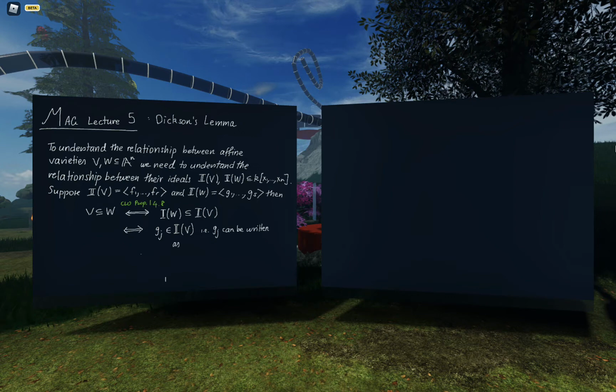To say that Gj is in IV is to say that Gj can be written as a sum, or equivalently that Gj vanishes on V. Okay, so we have these equivalent conditions.